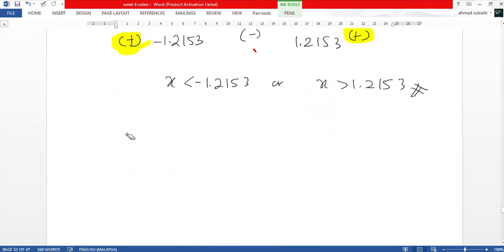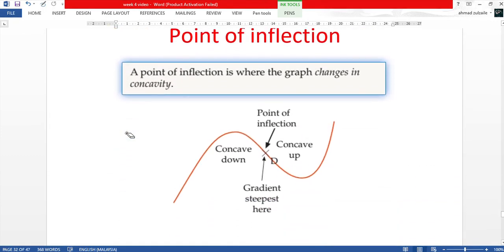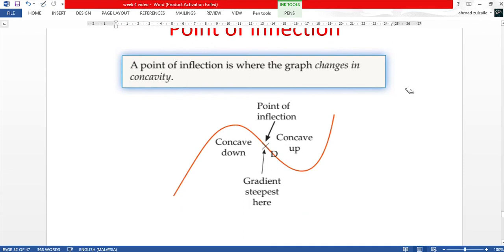Kalau kita tengok balik the definition, point of inflection is where the graph changes in concavity. So kalau kita tengok, I tak lorikkan the whole thing, but what I do is I put half of it. Sampai dekat tengah ni, the connection between concave up and concave down, there is a point of inflection.